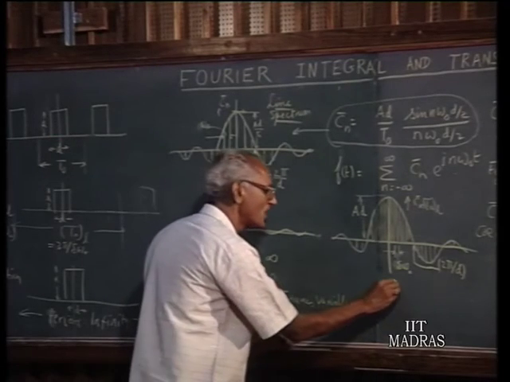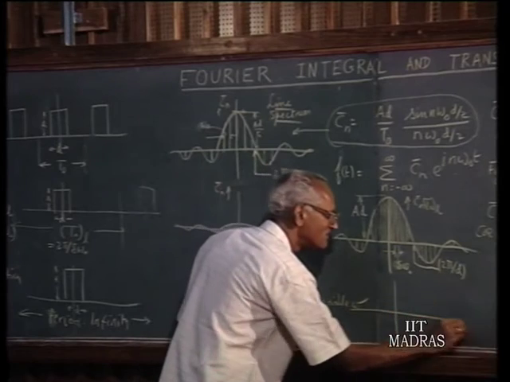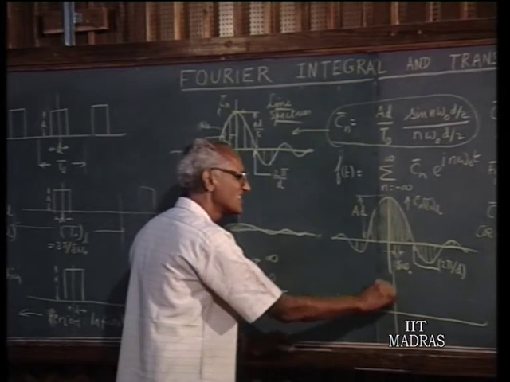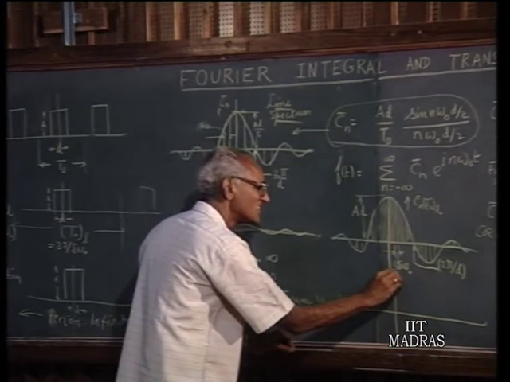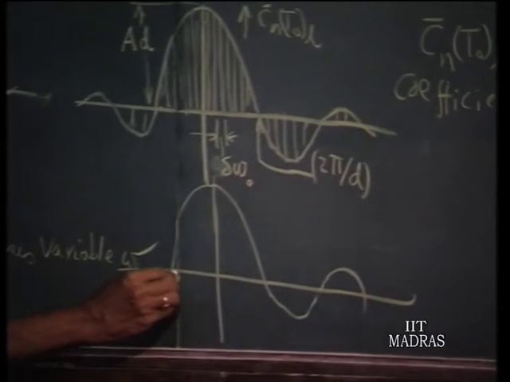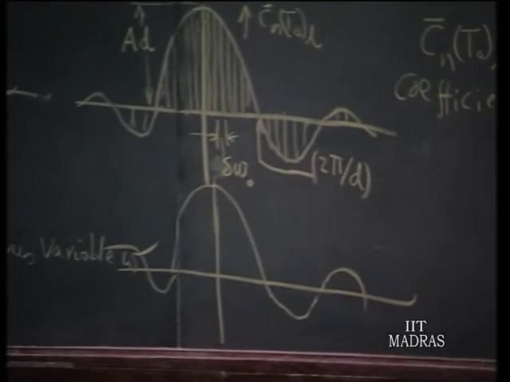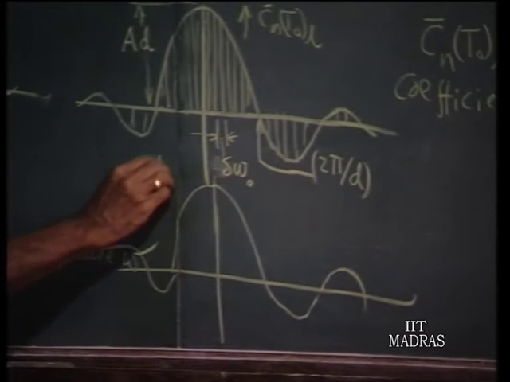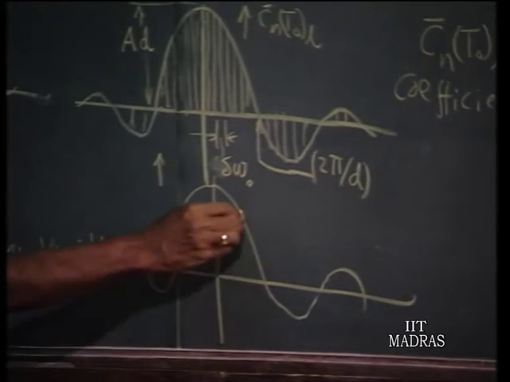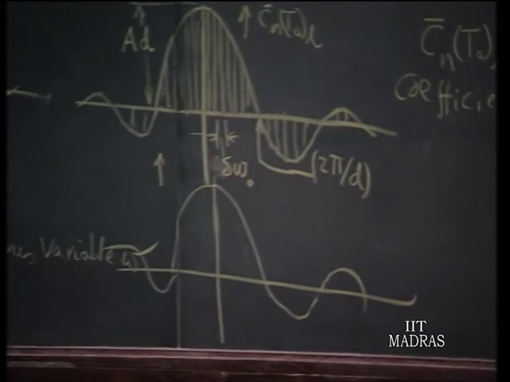So, the spectrum now would be just like this, but a continuous spectrum, because at every point there is a meaning for this amplitude. So, this is a continuous spectrum.